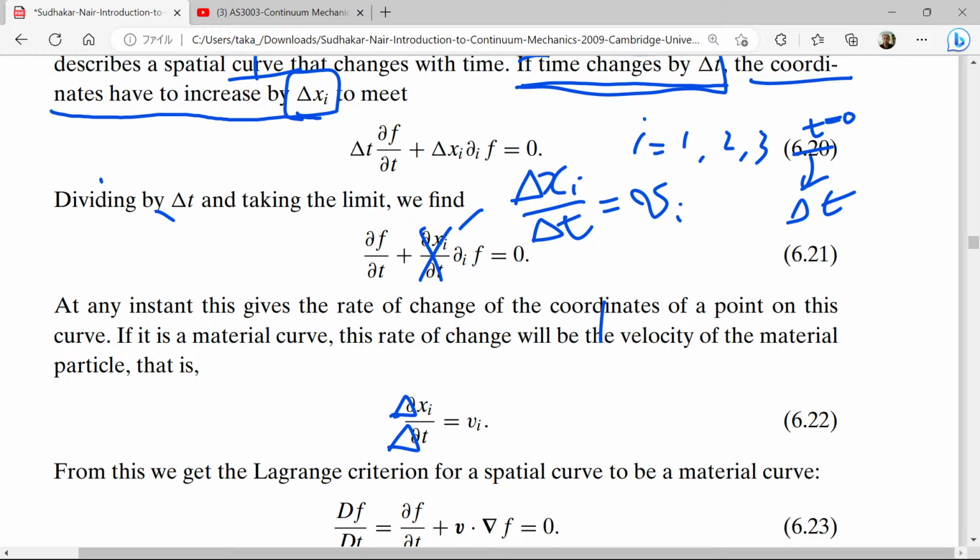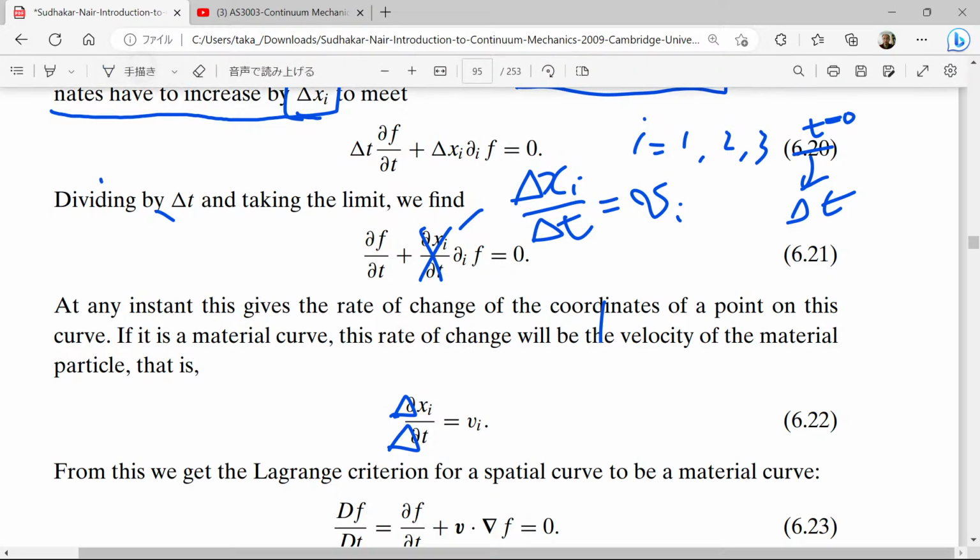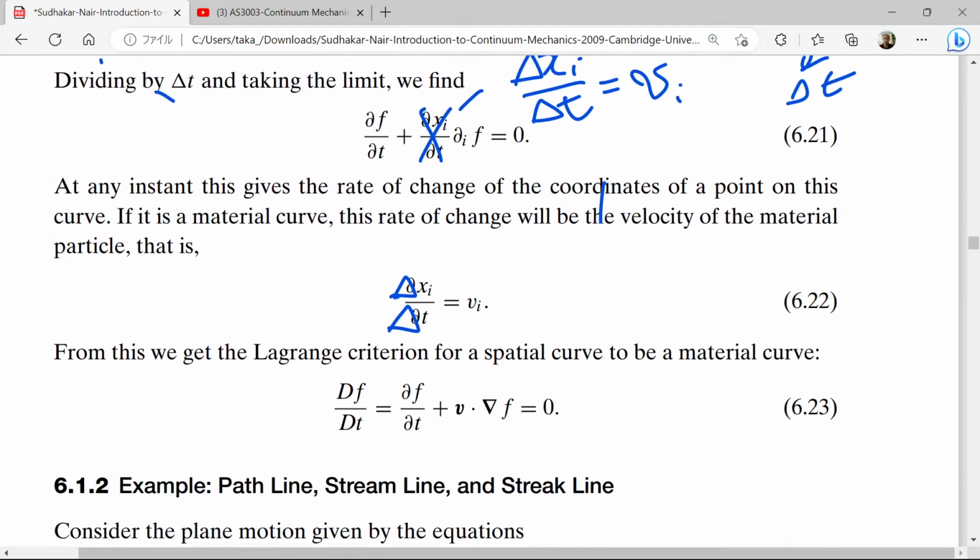That is, from this we get the Lagrange criterion for a spatial curve to be a material curve.